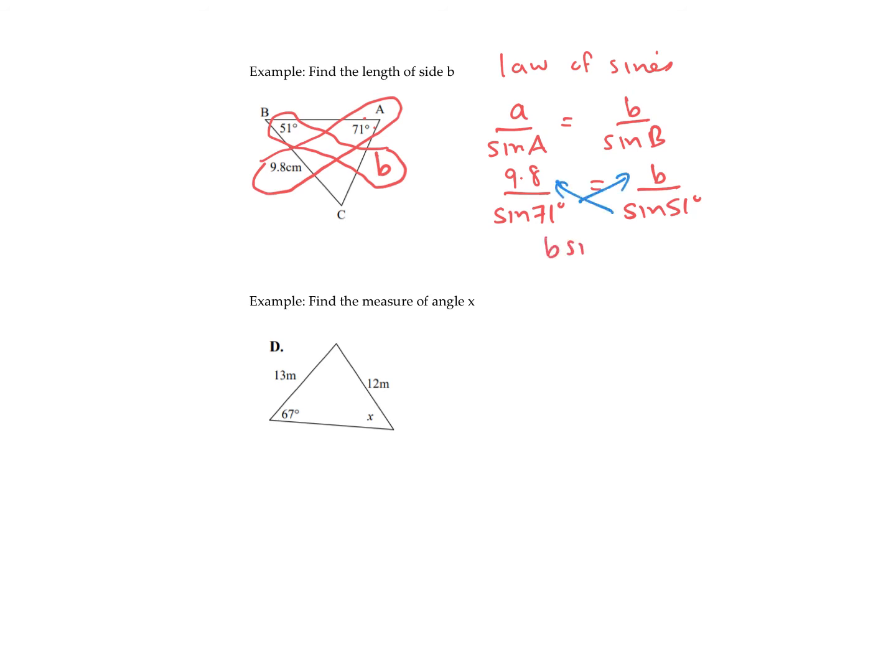So we would have B times sine 71 equals 9.8 times sine 51, and then we want to isolate for B, so we'll divide by sine 71 to find our answer. And so B will be 9.8 times sine 51, and then we'll divide that answer by sine 71, and we get 8.1.